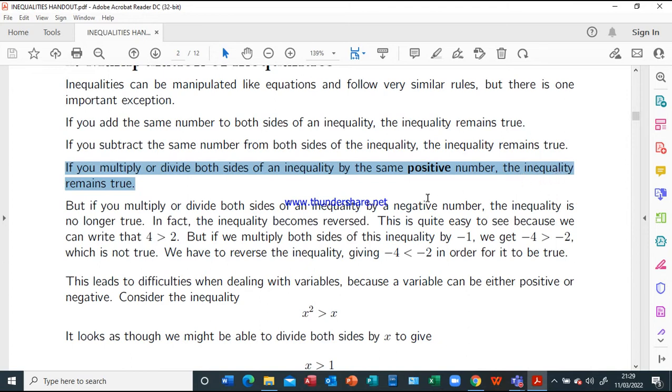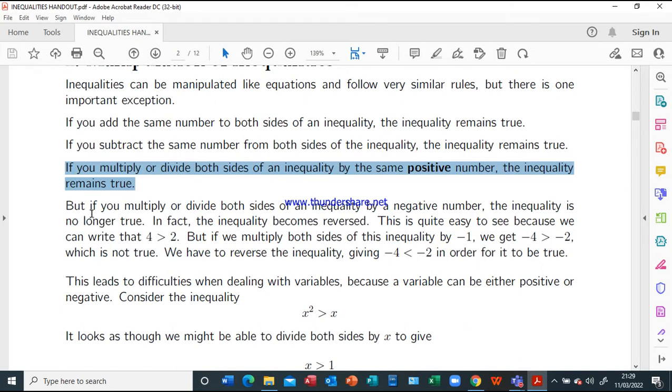But when you multiply by a negative number or you divide by a negative number, the inequality sign changes. So whether you're adding, it remains. Whether you subtract, it remains. When you multiply by a positive number, it remains.